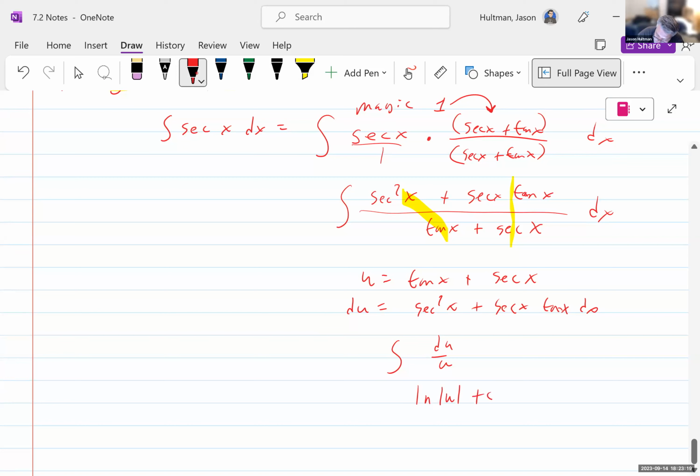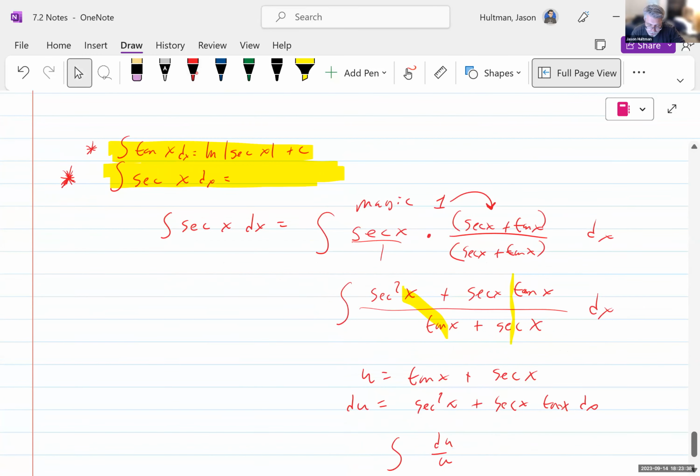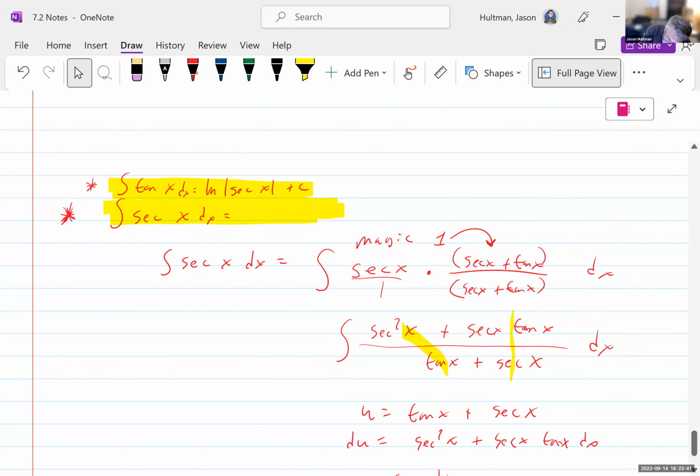Natural log of u plus c, which is the natural log of tangent x plus secant x plus c. Okay, so that is nice. Now I know what the integral of secant is. The integral of secant is, I'm going to put the secant first, just because that's the way I've memorized it, the natural log of secant x plus tangent x plus c. Does that make sense?